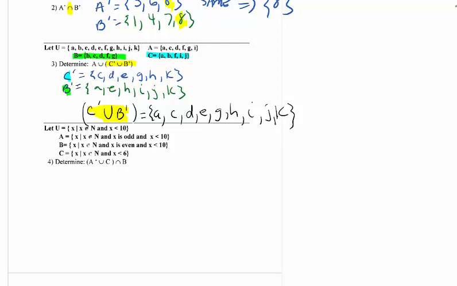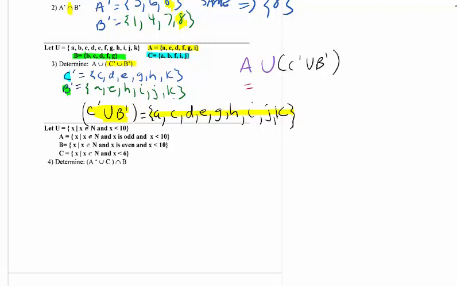So my last step is to take a union, what I just did down below, C prime union B prime. So I am now taking this and this, and I'm putting everything in it. So I'm basically going again and just saying, is there anything that I don't have listed here?